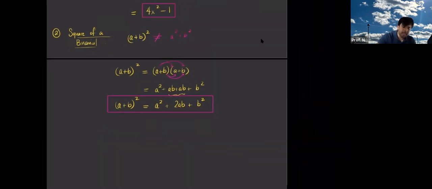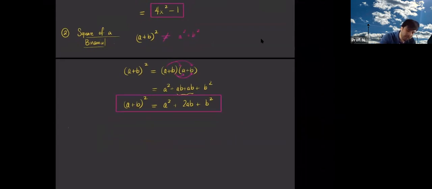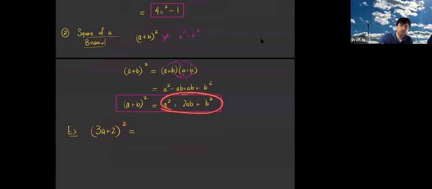So if that's the case, look what I can do every time now. If I have something like (3a + 2) and I square it, of course I can go (3a + 2) times (3a + 2) and FOIL things out. But because this is the square of a binomial, I already know the result. The result is the first term squared.